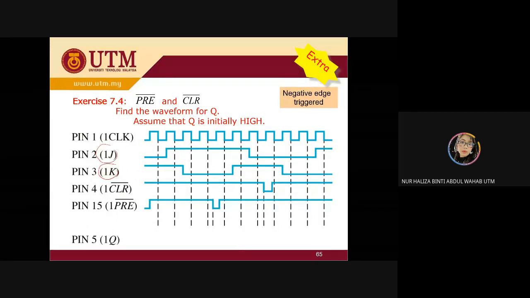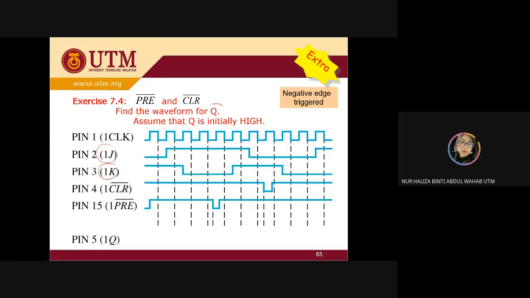And now we have another example. We need to find the output of Q, and initially it is high, so I put high first. The first thing I need to consider is my clear and my pre. So for every change at my pre and clear, I will draw the dotted line first.